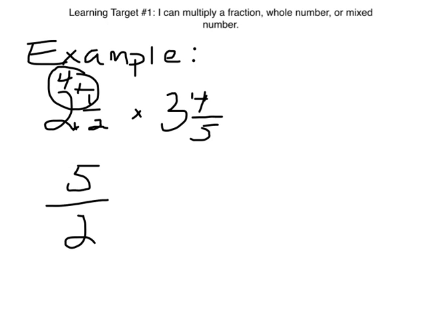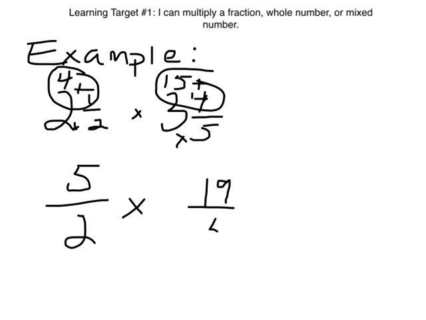And we get 5 halves. Now we're multiplying it by 3 4/5, but we need to turn that also into a fraction, doing the same process. 5 times 3 is 15, plus 4 is 19 fifths. So there are 19 fifths in 3 4/5.